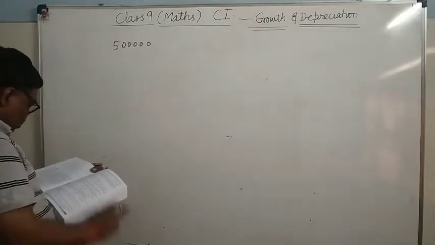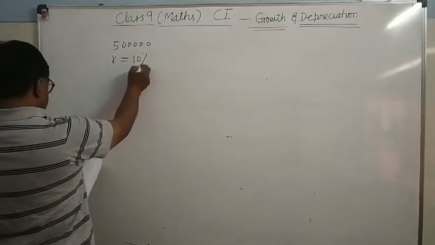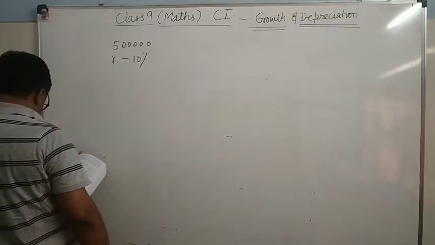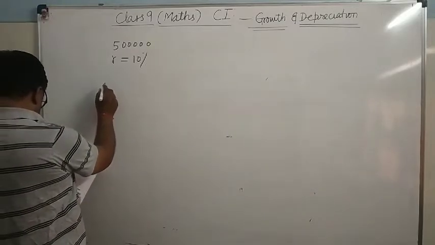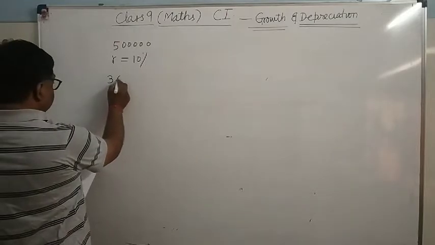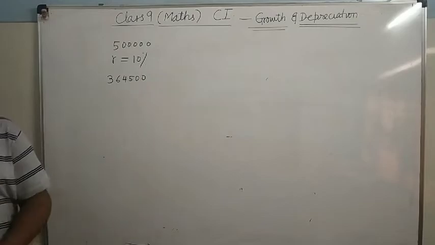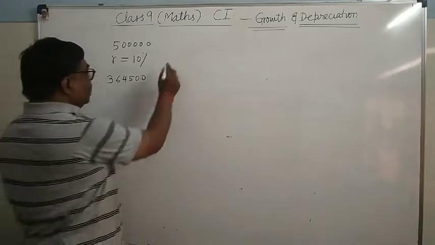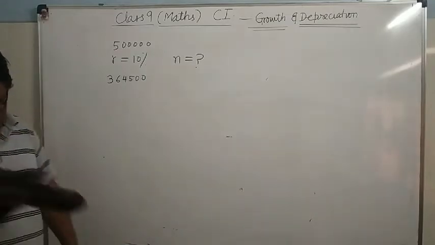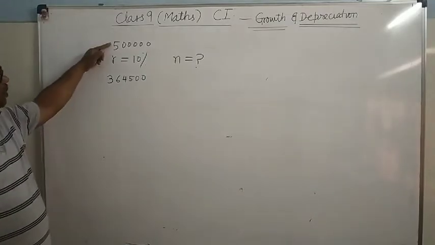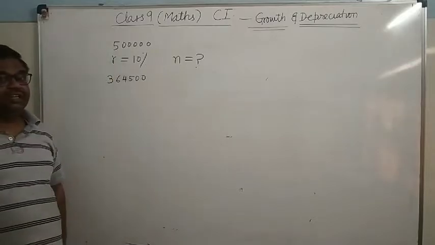Depreciating means you will use the formula of minus, at the rate of 10% every year. In how many years will the value be reduced to 364500? 364500 means in the question it is asked that in how many years this value will depreciate from this to this at this rate.